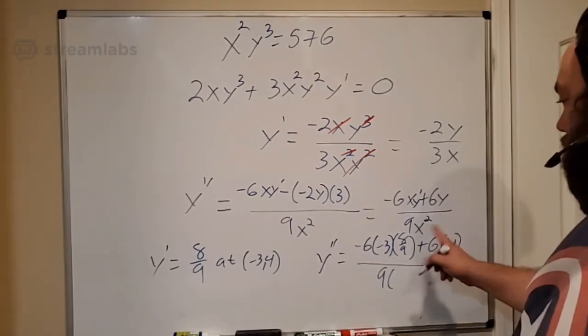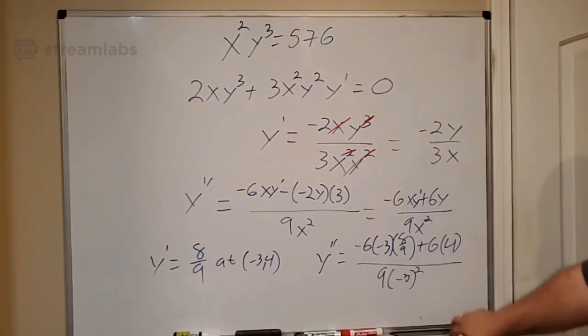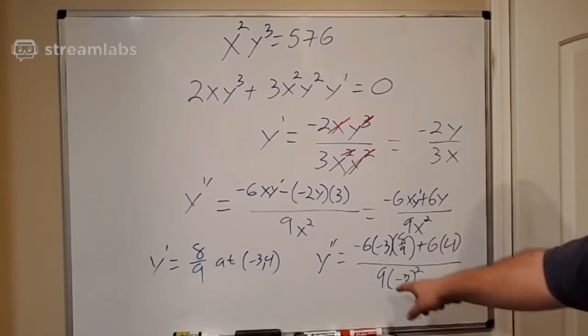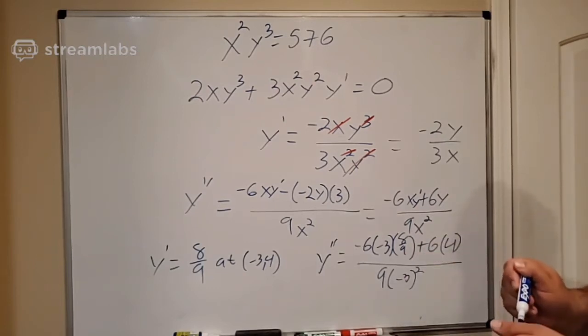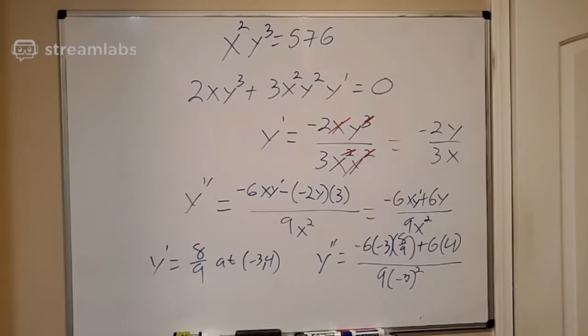And again, we only care if it's positive or negative, so bottom is always positive, so that's irrelevant. I should ask myself, is the top positive or negative? You should be able to quite easily see that it's a positive plus a positive, so it's positive. I don't care what the actual value is. Any questions on anything I did anyway?